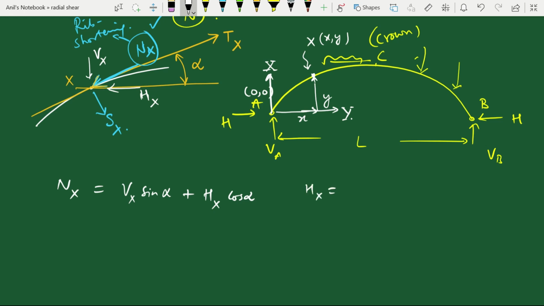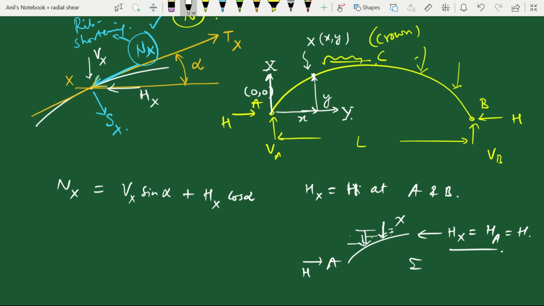And now Hx will be H itself, horizontal thrust at A and B. Because if we consider the free body diagram between A and X, horizontal reaction at A will be transferred to X as it is, because there is no horizontal load anywhere between A and X. Only vertical loads are there. So Hx would be HA, which is H, when we apply sigma Fx equal to 0 equation on this part of the arch.